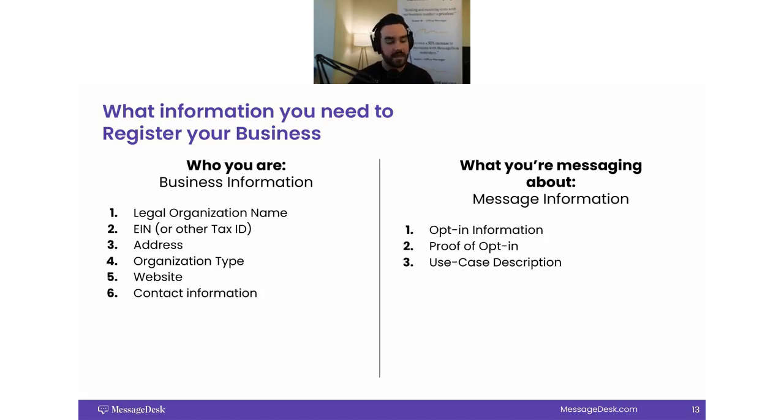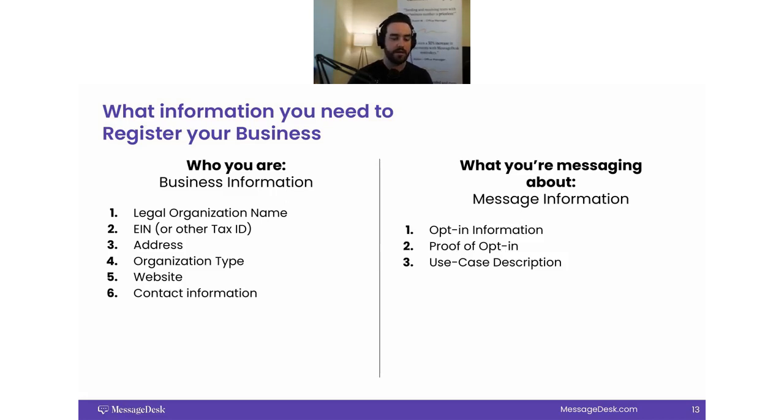And then on the right side, we have what you're messaging about. So message information. This is going to be all of the stuff that we essentially talked about in the previous slides. One is going to be, how do you collect opt-in with your clients? Are you using a form? Are you using a chatbot widget? And so on and so forth. They're going to want proof of that, whatever it may be, even if it's a paper form, keyword, whatever it may be.